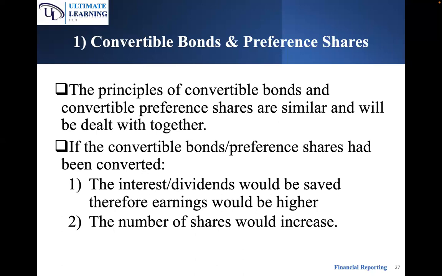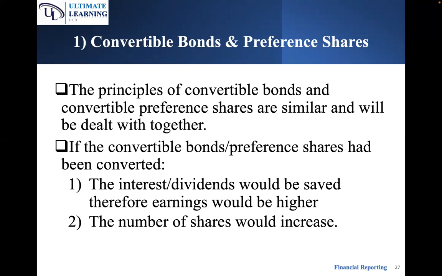Now, in our first item, convertible bonds and preference shares, we have said the accounting treatment of convertible bonds and preference shares is the same. So the basic principle of convertible bonds and convertible preference shares are similar and will be dealt with together.